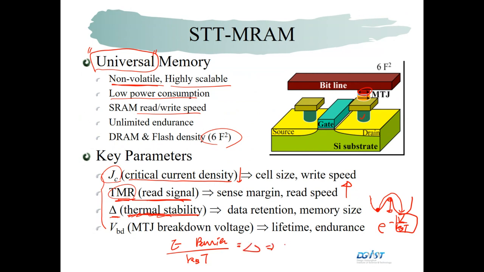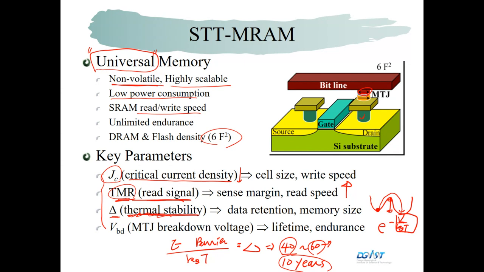So delta should be at least 40 to 60. 40 means the data can be stored for 10 years. So usually 40 is good enough for many memories, but for safety, sometimes people require 60. That means it's lifetime memory.